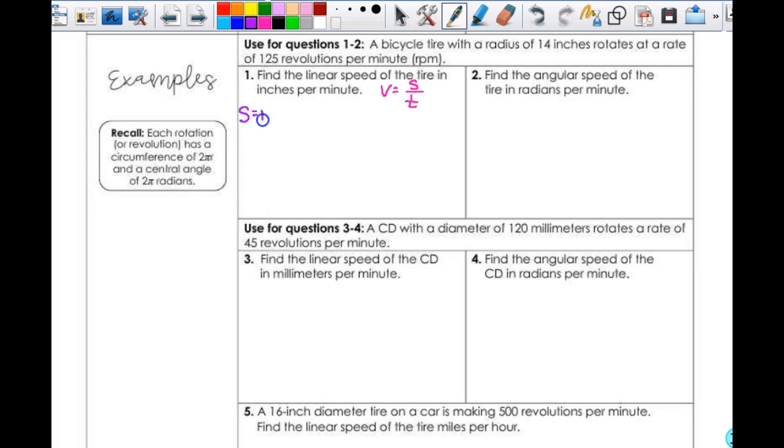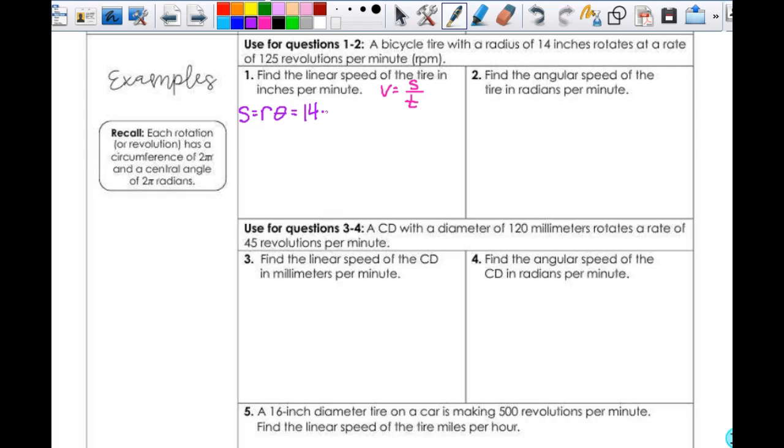Your arc length is r theta, right? That's what we did yesterday and the day before. What is your radius here? 14 inches. So it's 14 times theta. Now they can straight up give me theta like they did when we were doing arc length. Instead, it gave me the RPMs. One revolution is one time around the circle.